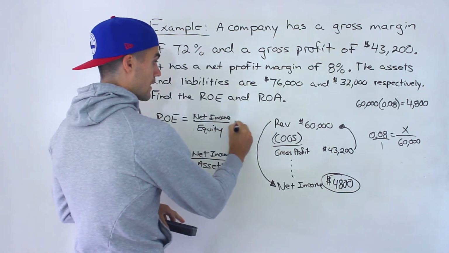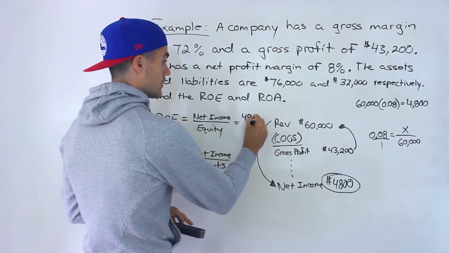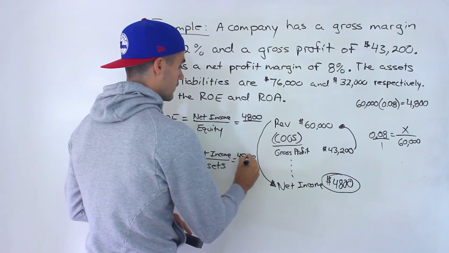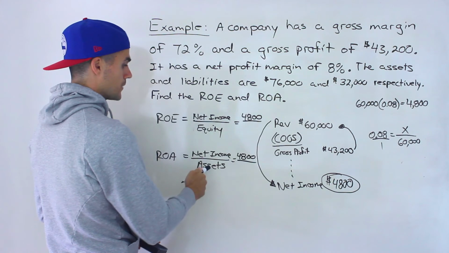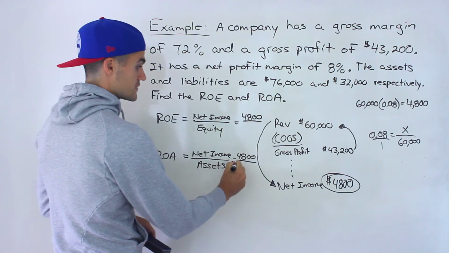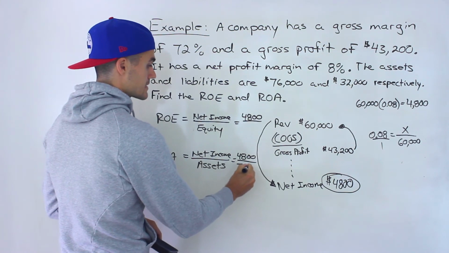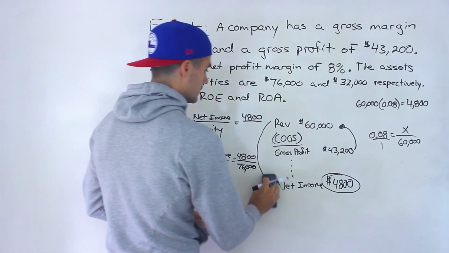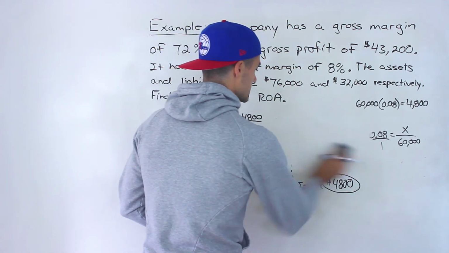Okay, so we have the numerator for both of these: 4,800. Now really all that's left is to get the denominators. We actually have the denominator of 76,000 already. That's the assets. But we don't have the equity, though we can find it because we're given the assets and the liabilities.